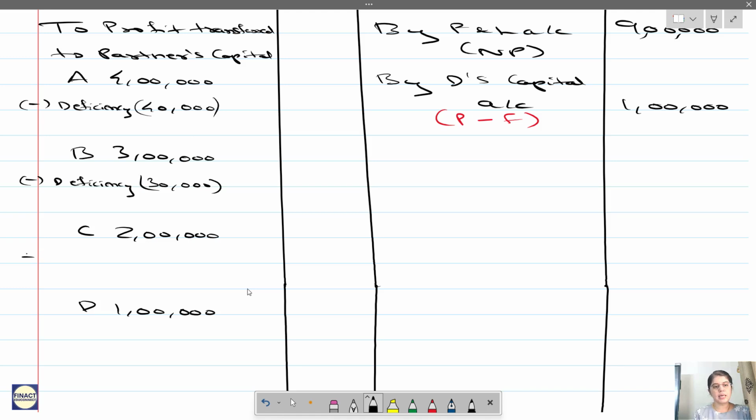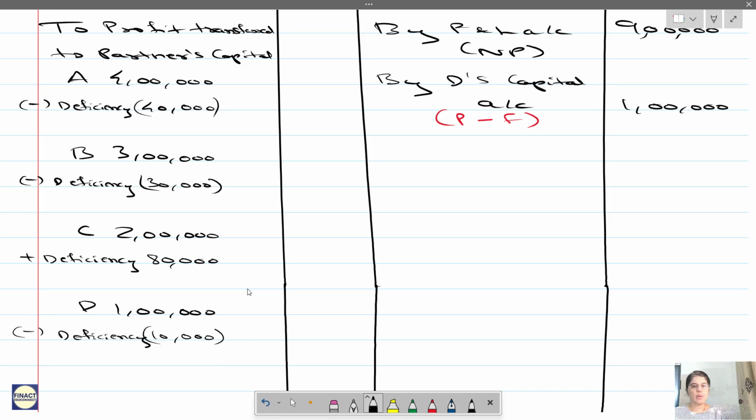Then C, we have to add 80,000, and from D 10,000. Okay. Now you can just mark it over here for your reference. This is firm to partner. All firm to partner.